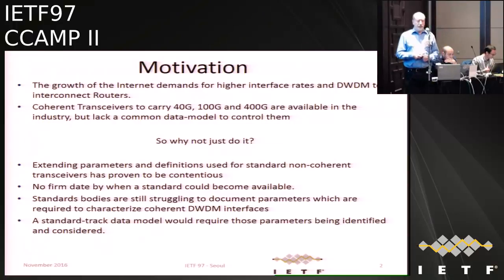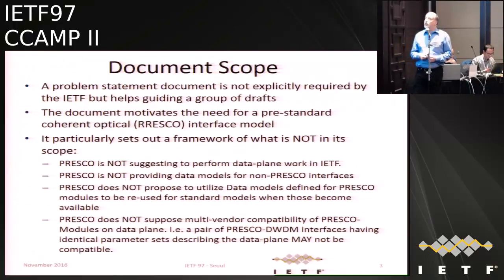Document scope. First of all, this is a problem statement. A problem statement is something we do occasionally here in the IETF. It's not really necessary from a process perspective, but it helps people to understand what the problem is and how it gets approached or how it should get approached when individual drafts come up.